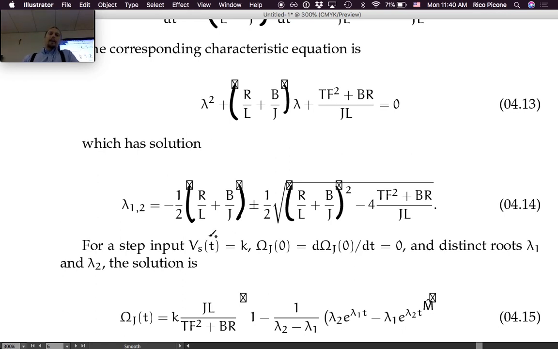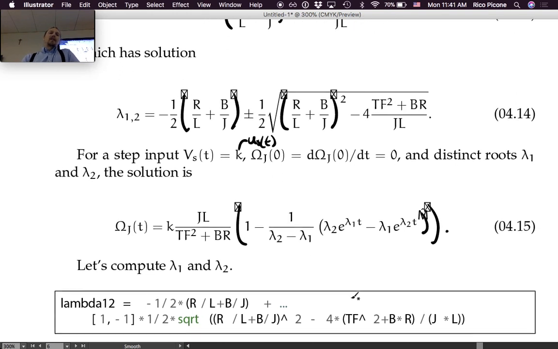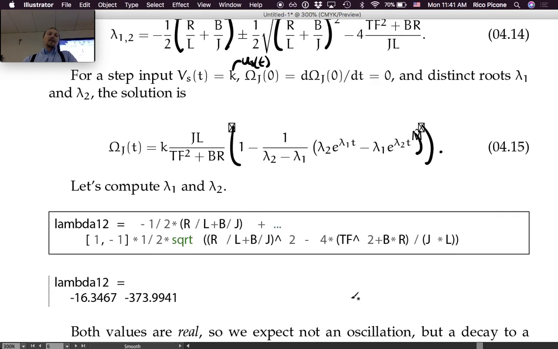So for a step input of magnitude k, so k times the unit step, and 0 initial conditions, and distinct roots lambda 1, lambda 2, the solution is this. This is missing parentheses too. So this is your solution. Let's compute lambda 1 and lambda 2 for our parameters. They come out to be these.